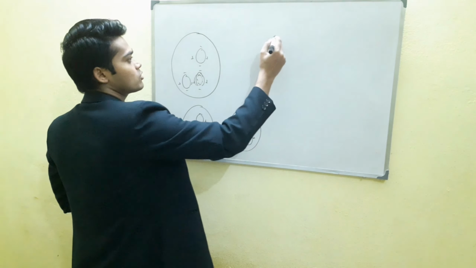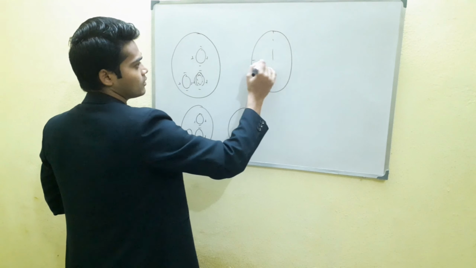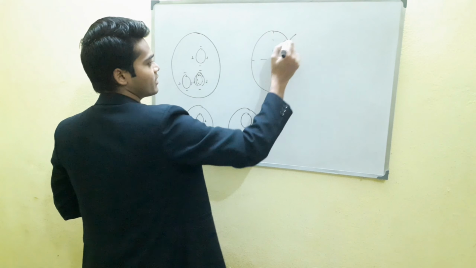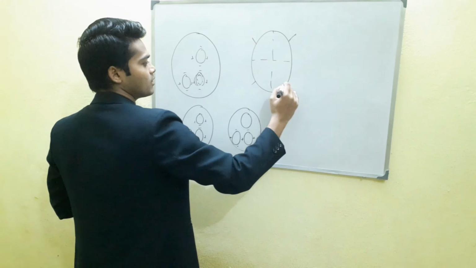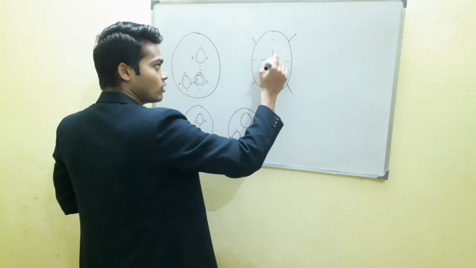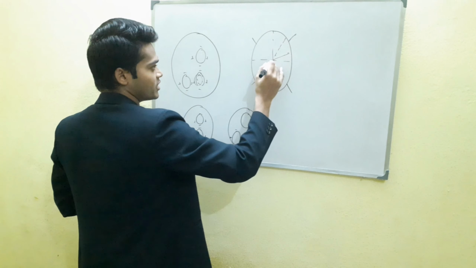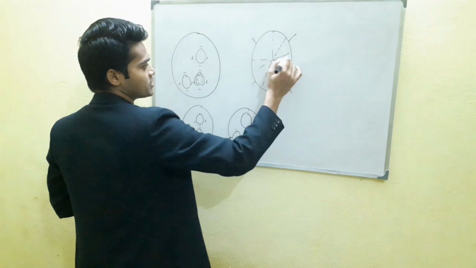How? Just look, suppose this meridian is the corneal meridian of highest power, right? And due to not coinciding with our instrument setup, we form this type of seizure.